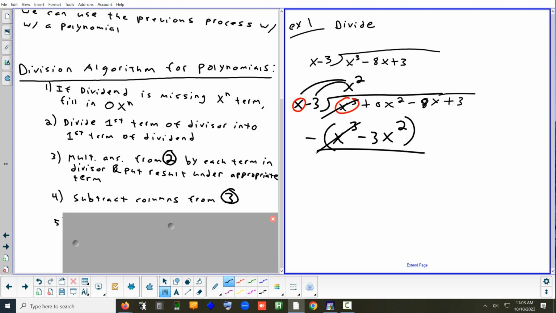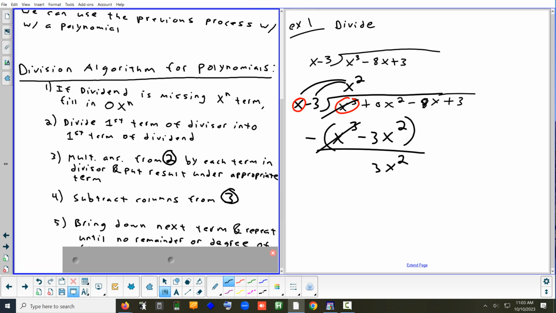Okay, that's gone. Something should always cancel out in this step. Sometimes 2 things. That's nice, but this time it's only 1 thing. What's 0x squared minus negative 3x squared? Plus 3x squared, yep. Okay, so we got that. And that's step 4. And now the last step, bring down the next term and repeat it.